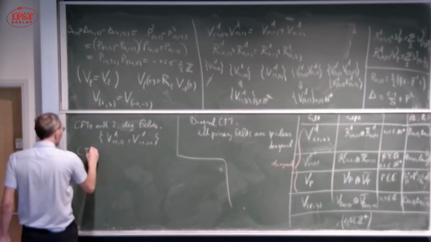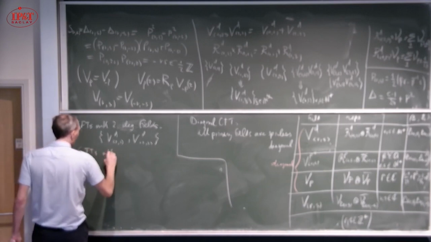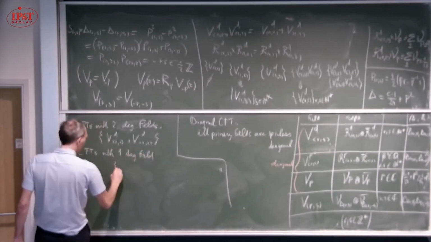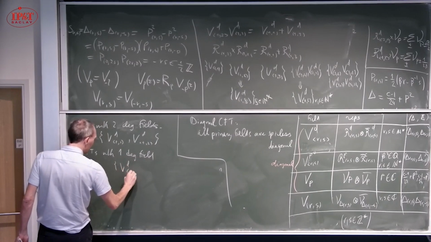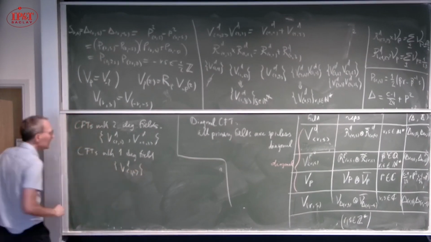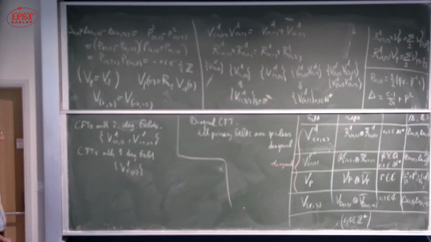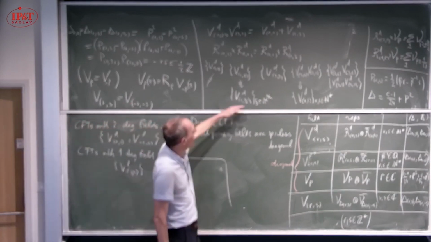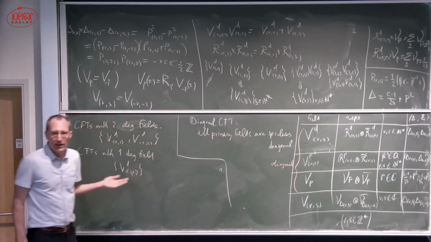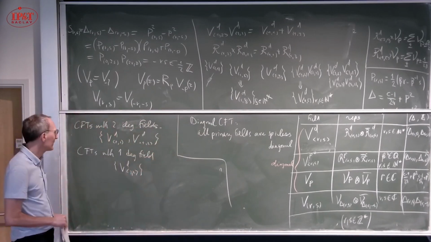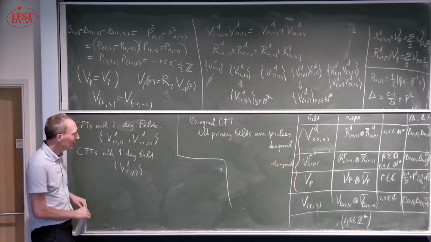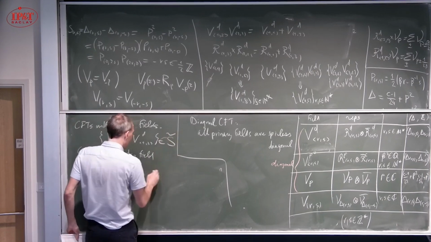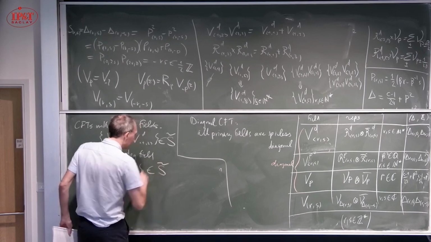And CFTs with 1 degenerate field, which by definition we take to be V12. Of course, there is the other possibility that it could be V13 instead of V12, but it doesn't matter so much. I'm not assuming these fields are in the physical spectrum. I'm only assuming they exist, so they are in some extended spectrum.